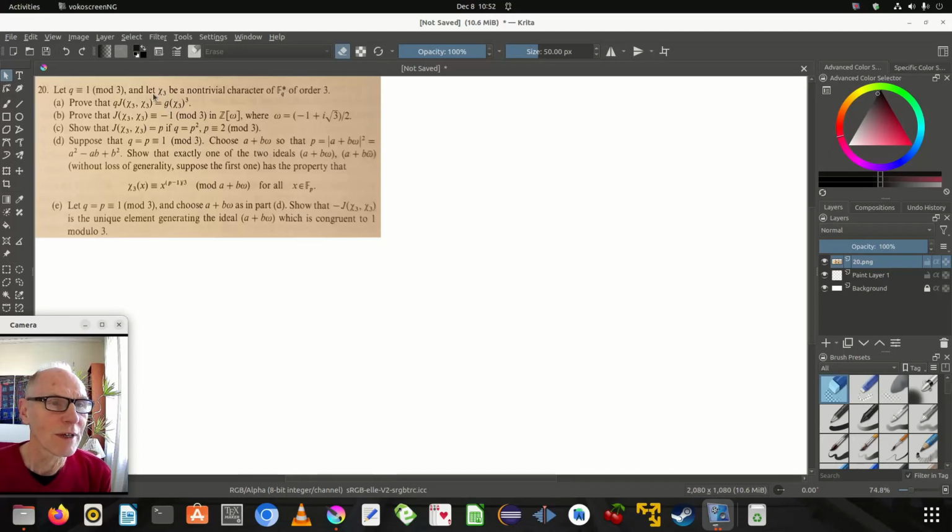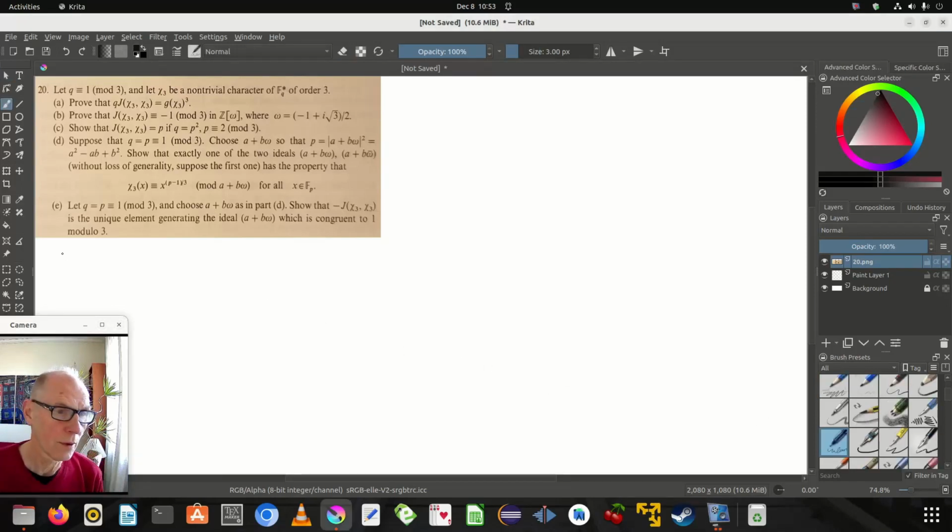So we have chi3, one of the two non-trivial characters of exact order 3. The trivial one has order 3 as well. And then prove that, okay, so we have to look at formula 3 on page 57, which I should have written in advance, of course. I'm not sure it's this one, but let's see.